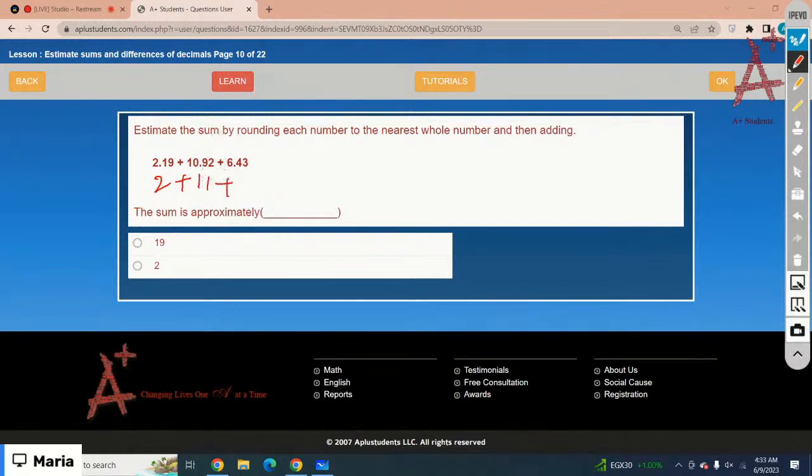And you have 6.4 that is less than 5, so it would be rounded off to 6. So it would be 19. The sum of the numbers is 19. Got it?